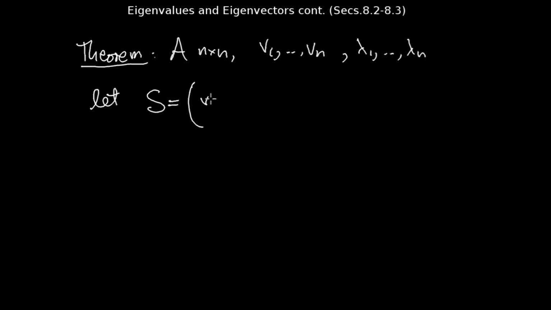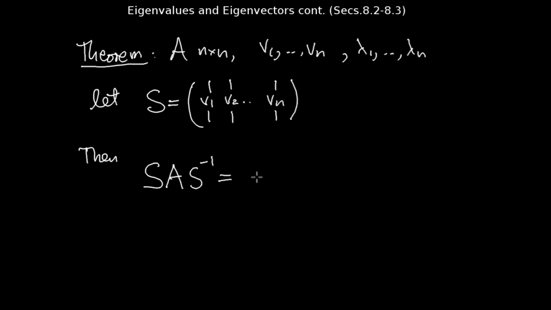We take v1 through vn, and you put these as the columns of the matrix S. Then S inverse A S is equal to this diagonal matrix lambda 1 down to lambda n.